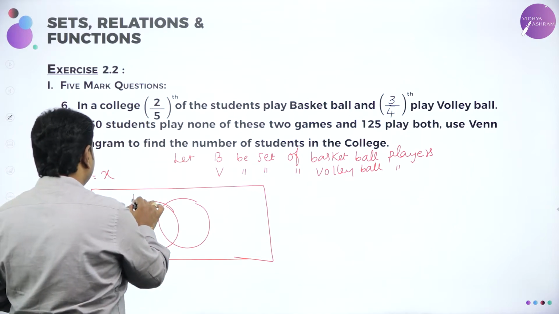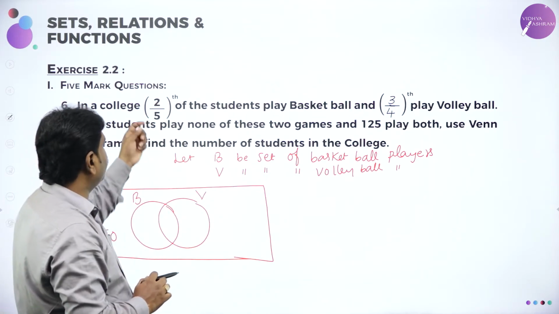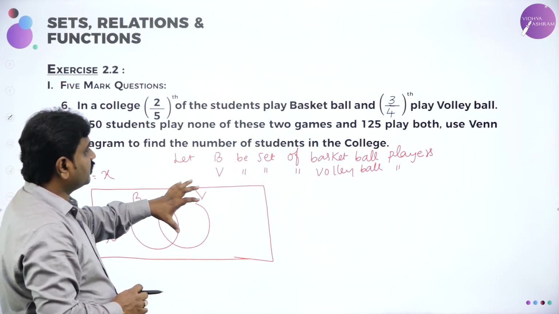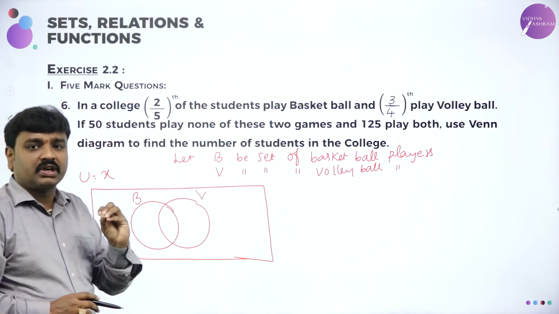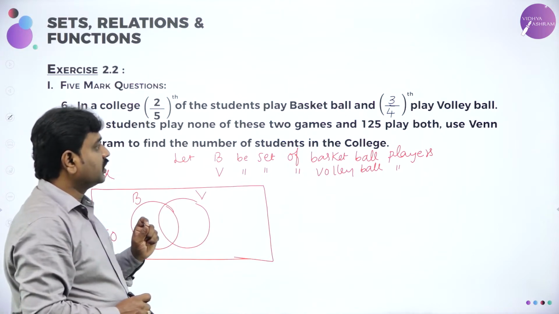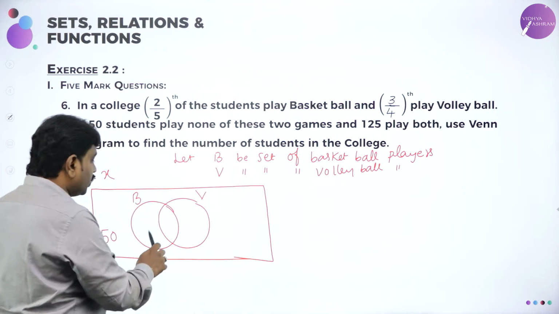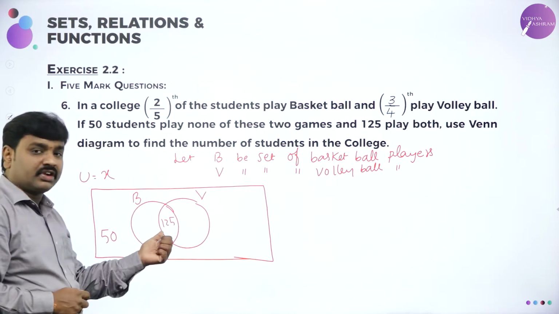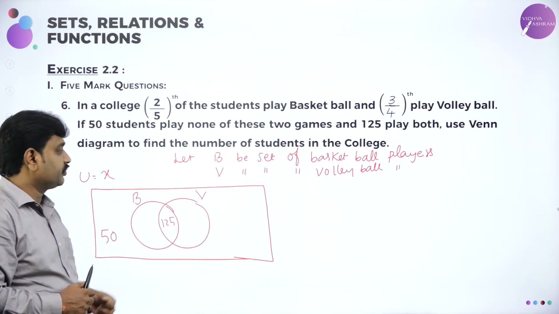Then capital B, basketball players, capital V, volleyball players, and 2/5 of X are basketball players, 3/4 of X are volleyball players, 50 will play none. First, our task is to find this X. In order to find X, here 125 play both, means this is the region, all of you know. 125 play both means this is a common region, I should fill the number 125 here.